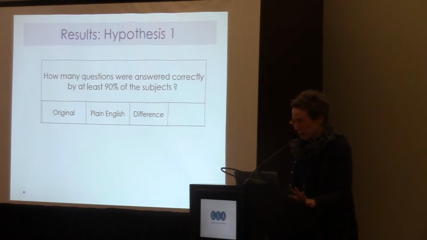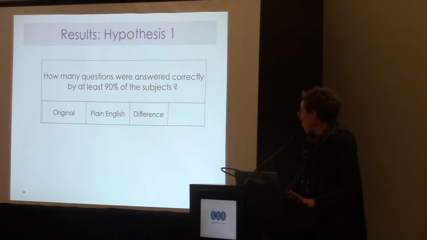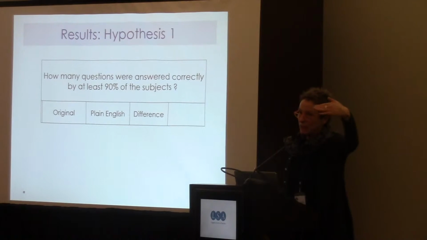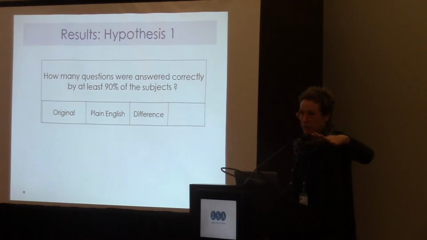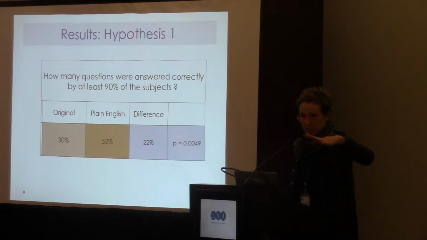because then you want to know my results, right? So we ask how many of the questions got above the border, the level of 90% of the subjects correctly understanding them, and guess what? We got really nice results.